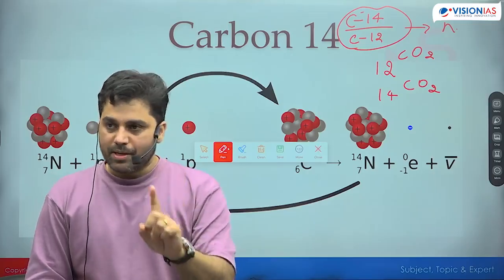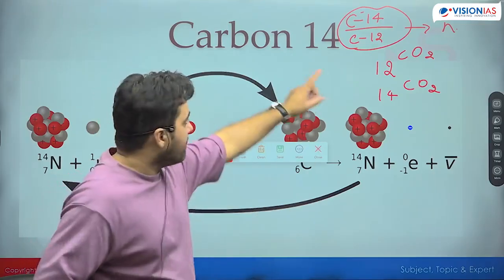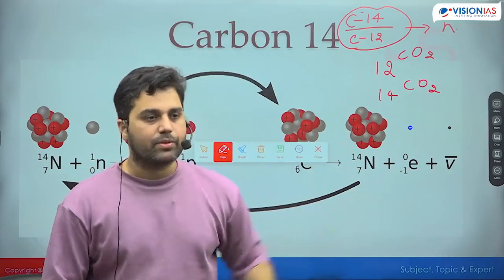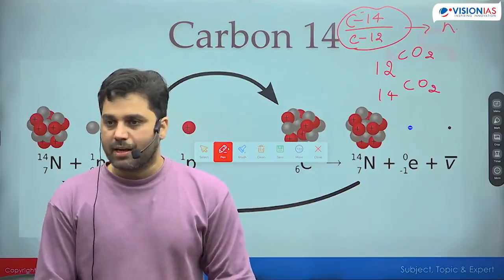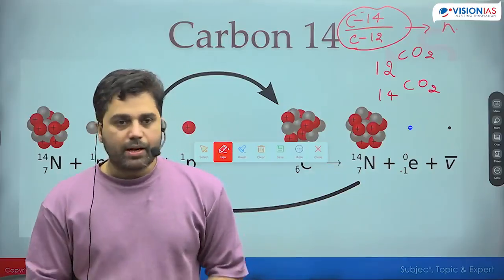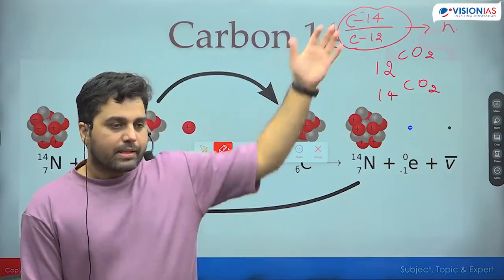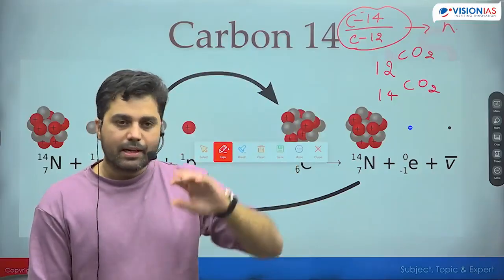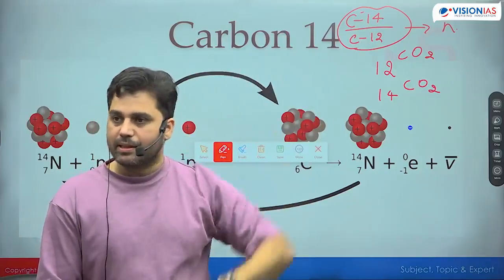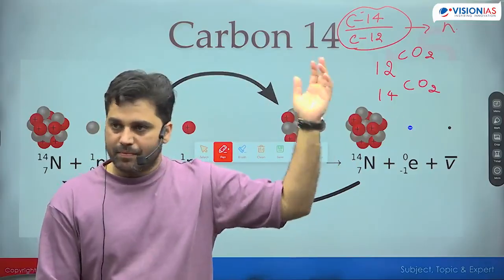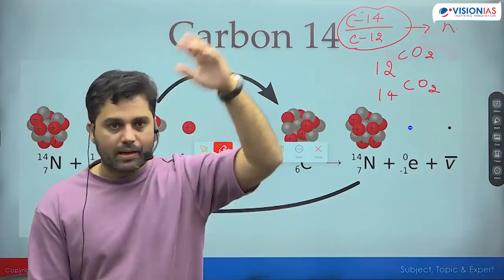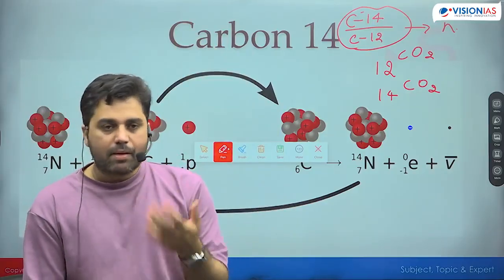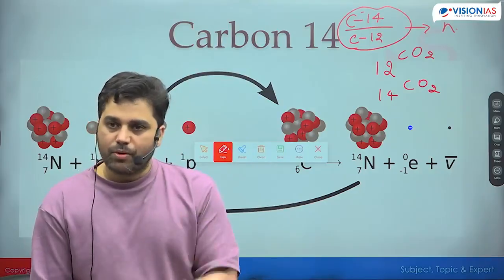Now, the assumption here is that this ratio n which I have written here has not changed a lot in the last few 100,000 years. That is an assumption, and we have very good reasons to believe this assumption is true. Because the amount of neutron bombardment which occurs in the upper atmosphere does not appreciably increase or decrease. So on average, the amount of neutrons which bombard the outer atmosphere is more or less the same. So the amount of carbon-14 being produced is more or less the same.